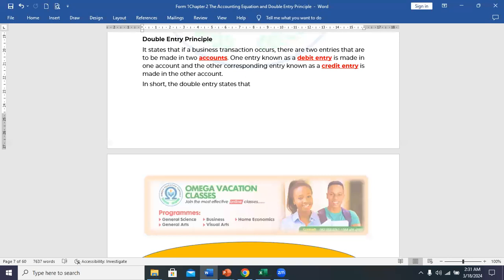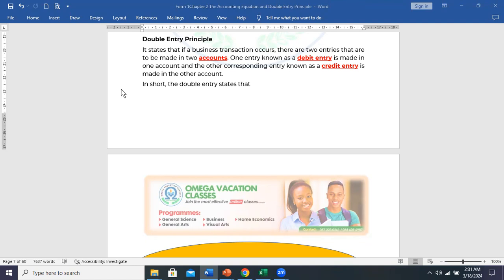Okay. So we're looking at the double entry principle. My screen will load shortly so that you can all have access. Good. So please, if you are asked to state the double entry principle, please tell them that for every debit entry, there should be a corresponding credit entry.